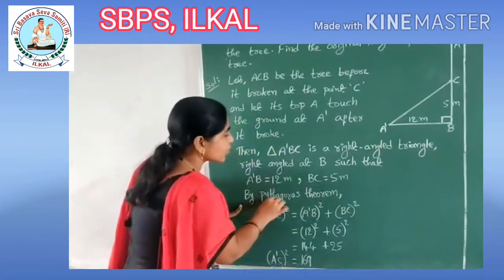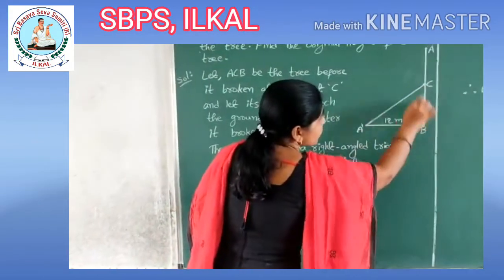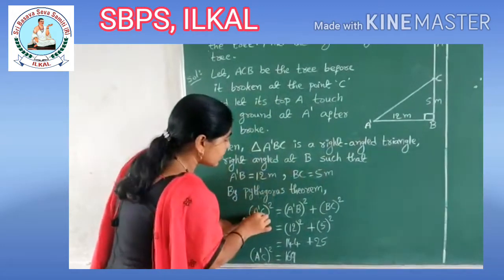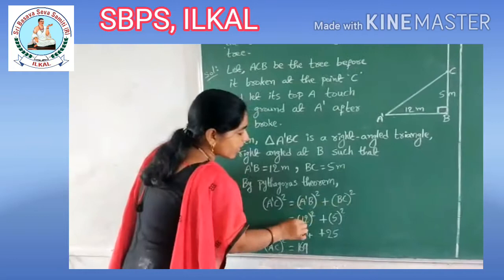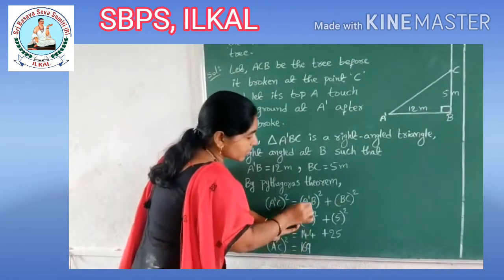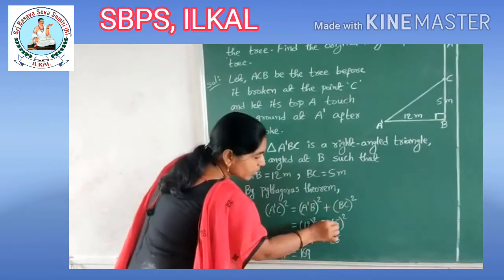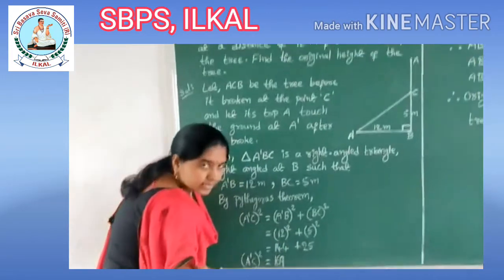By Pythagoras theorem, A dash C square is equal to A dash B square plus BC square. The values you know already, you substitute, children. 12 square plus 5 square. 12 square is 144, 5 square is 25. 144 plus 25 gives 169.